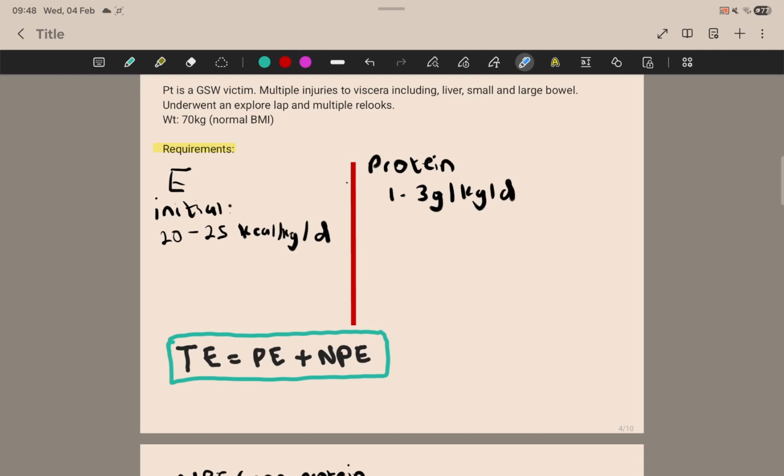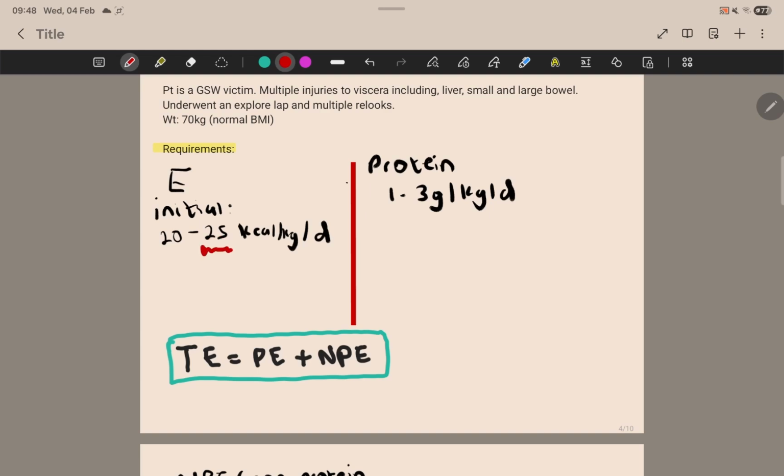So for the energy, when we just start feeding a patient, we need to obviously start slow. So the initial energy range is from 20 to 25 kcal per kilogram per day. TPN energy requirements are very similar to enteral. And then recovery is 25 to 30 kcal per kilogram per day. But please make sure you're using the latest guidelines. I'm going to be using 25 kcal for this patient.